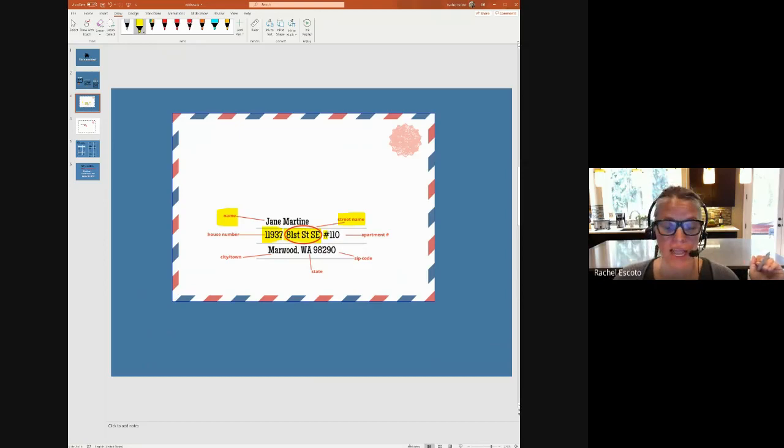Again, that is not 81 Este Street. No, this is 81st. We know how to say ordinal numbers, right? 81st Street, Southeast, and it's apartment 110. The city is Marwood, state, Washington, zip code 98290.